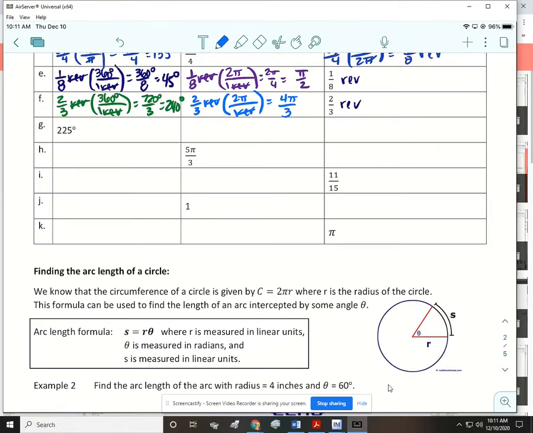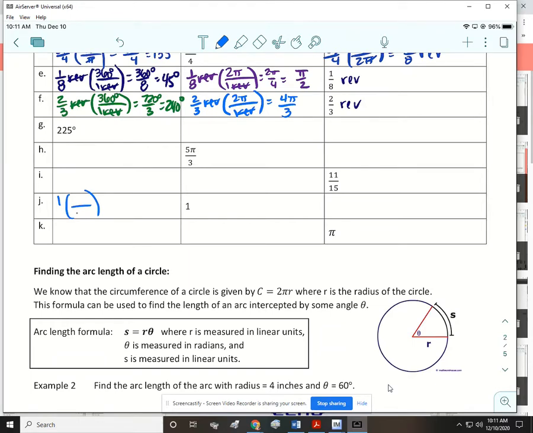Okay. And then I'm going to skip down and do J with you, and then I'll let you finish this chart on your own. So for J, we have 1, and that means 1 radian. So 1 radian, and we want to change to degrees.